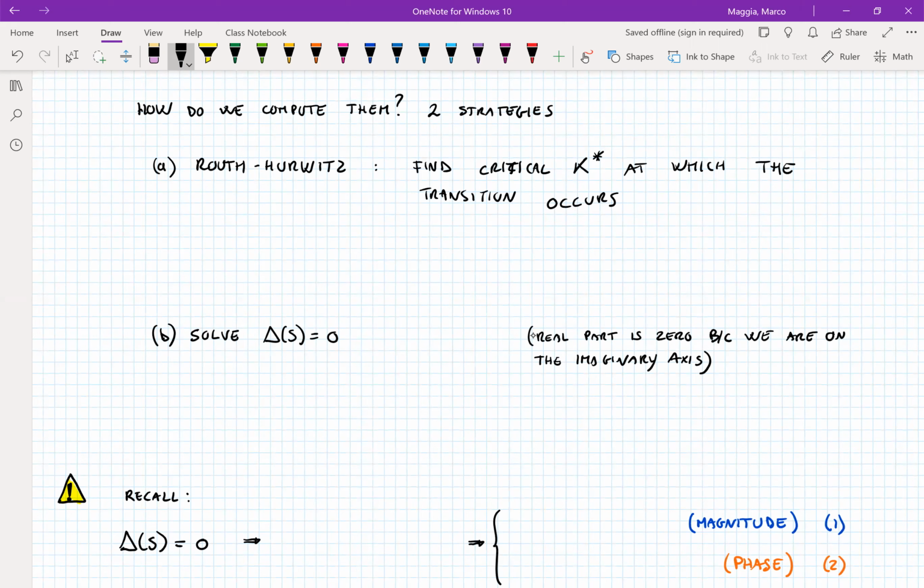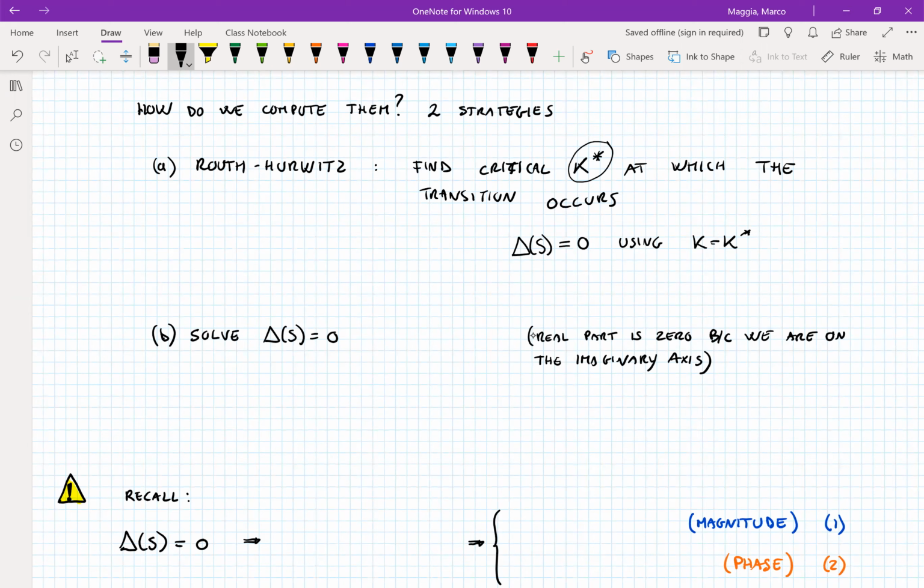Now that we have the specific value for k, that is k star, we can solve the characteristic equation using k equals k star.